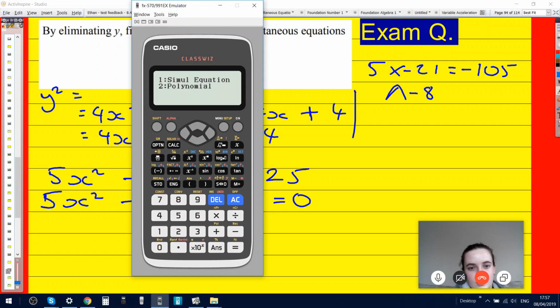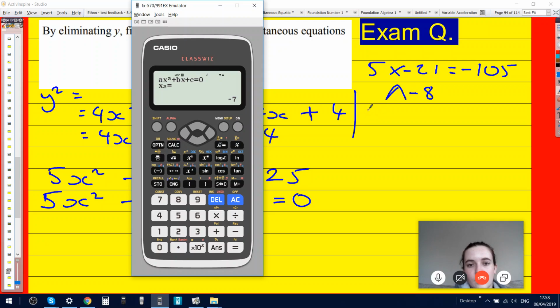Okay, simpler one. So can you think of two numbers that multiply to make minus 105 that can be combined to make minus 8? I got them.